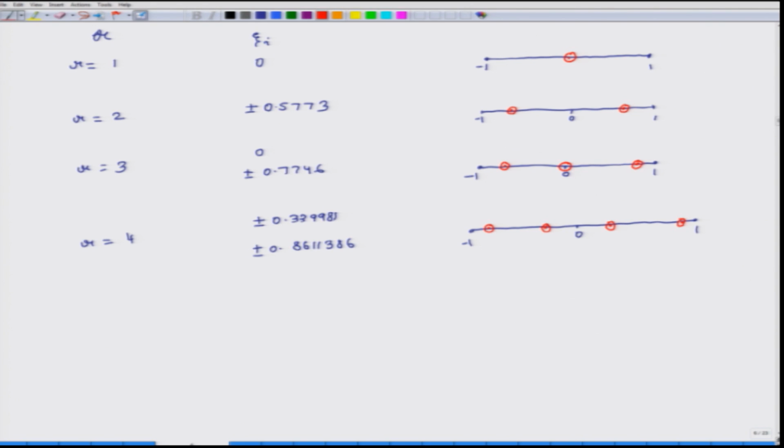So, the point I am trying to say is that between the limits of minus 1 to 1, the quadrature points, and these are also known as base points, are not necessarily evenly spaced.